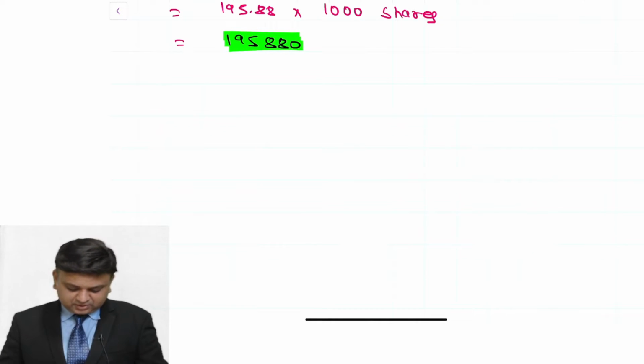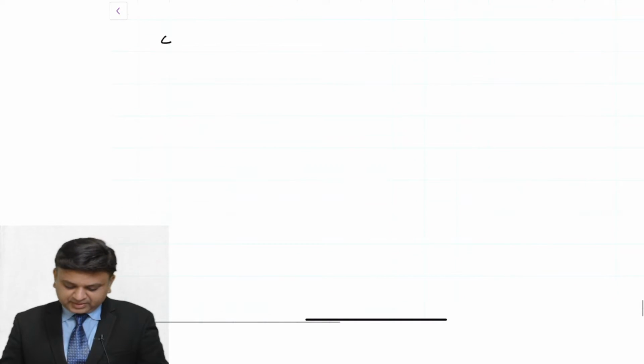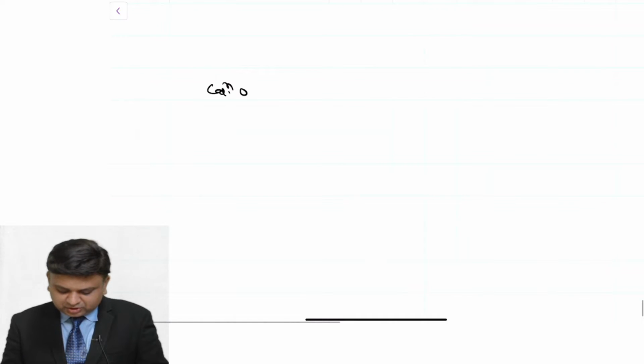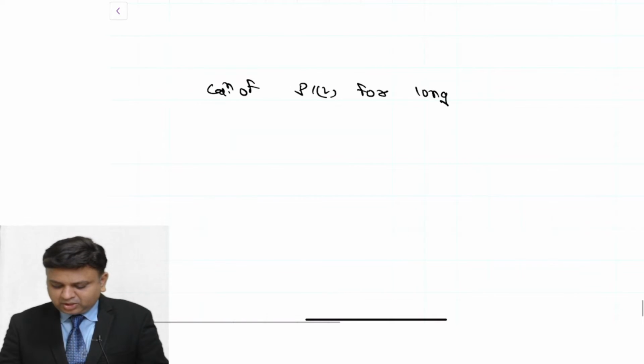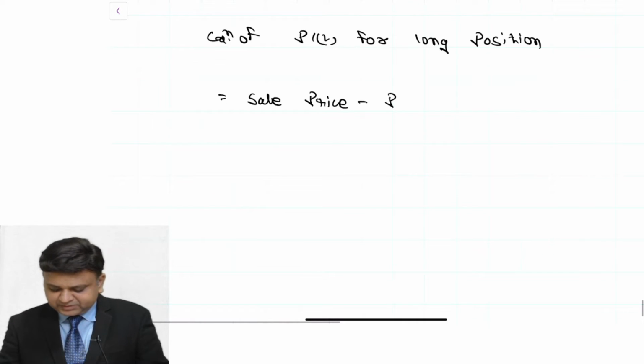So we can say something like this. The answer for the question number C1 and C2, calculation of profit or loss for long position. Long position means you entered into the transaction to buy. It is the sale price minus purchase price.